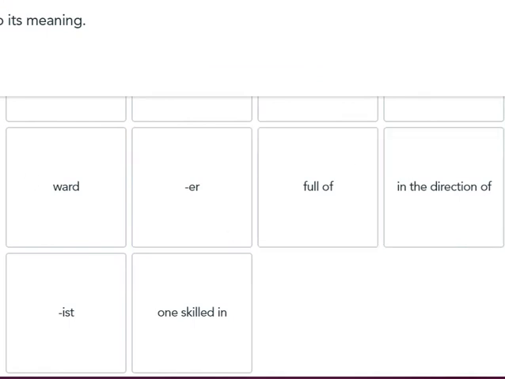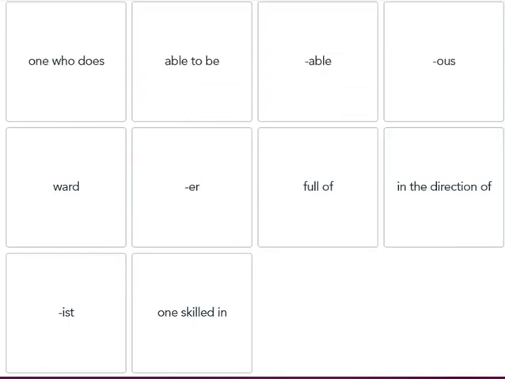And finally, let's look at these. So we're going to match these suffixes to their meanings. So, for example, we have one who does, able to be, full of, in direction of, one skilled in. So we're going to match these suffixes with what they mean exactly.